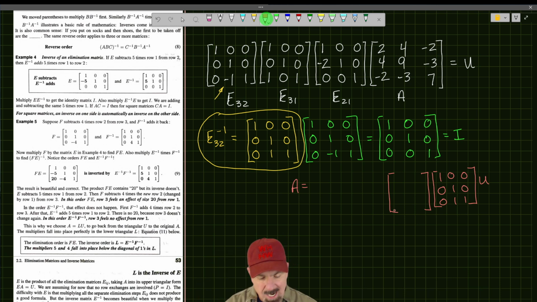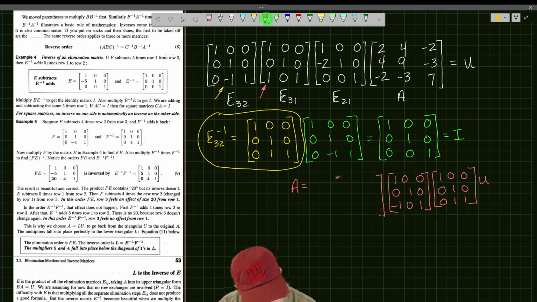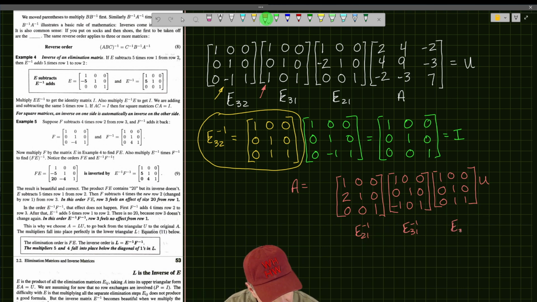Again, I'm just going to change the sign of the piece that's not on the diagonal. So I have 1, 0, 0, and then I have 0, 1, 0, and I have -1, 0, 1. And then finally, I'm going to take the inverse of E21. Same thing, 1, 0, 0. Change the negative 2 to a positive 2: 2, 1, 0, 0, 0, 1. And what I have here is E21 inverse, E31 inverse, E32 inverse, all multiplied times U is equal to A.